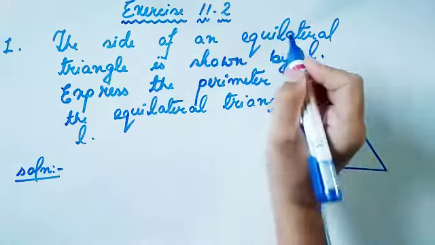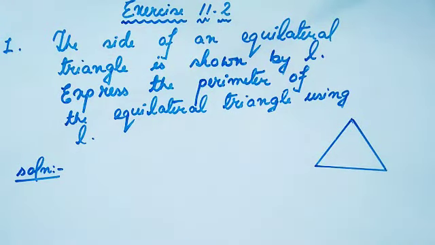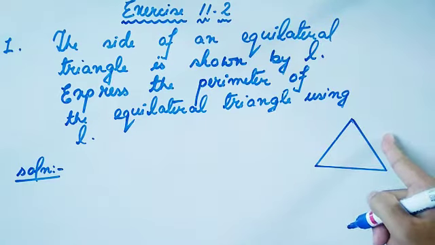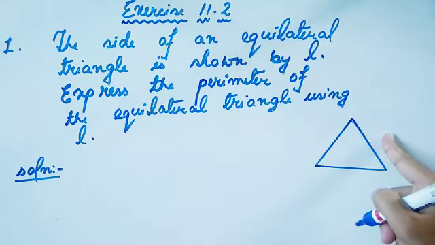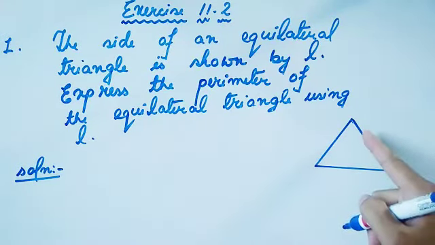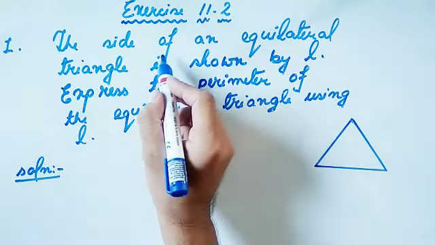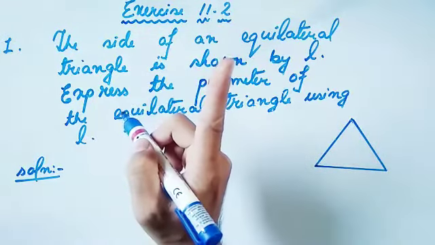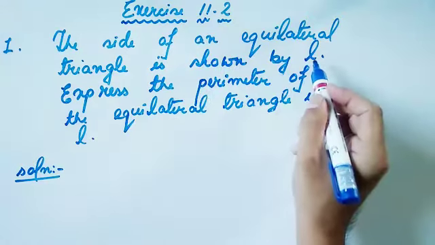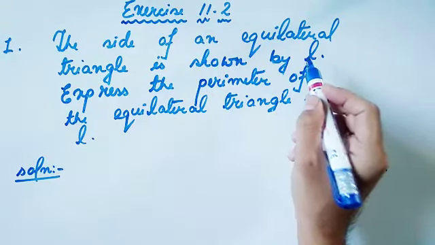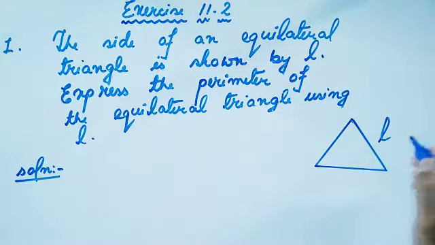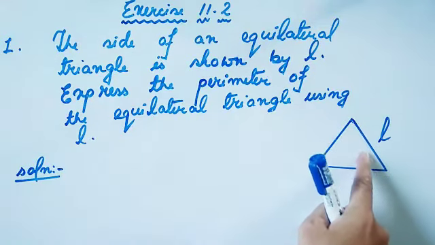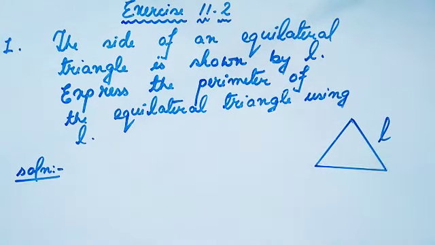Yes, equilateral triangles are those triangles in which all the lengths of the sides are equal, right? So one side of an equilateral triangle is given by the variable L. So let us assume that the length of this side is L.